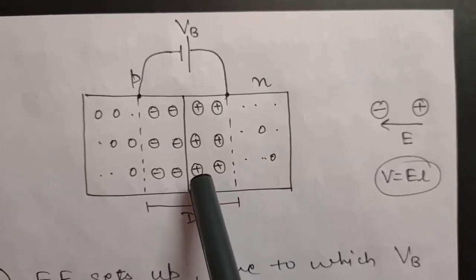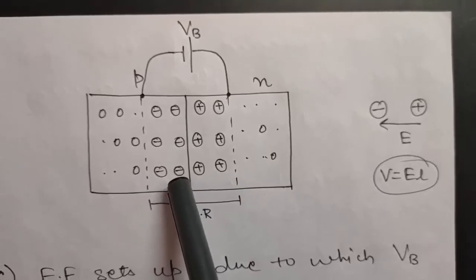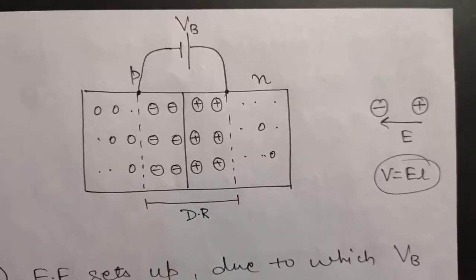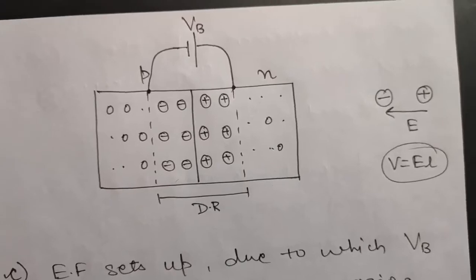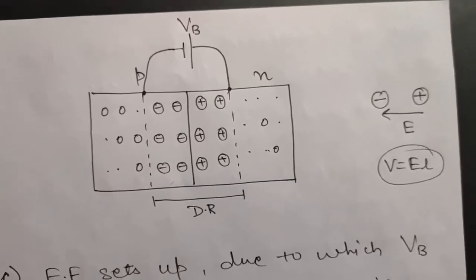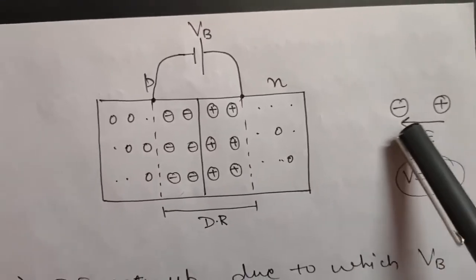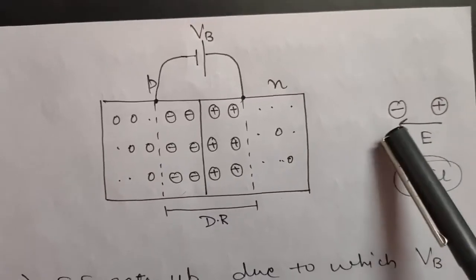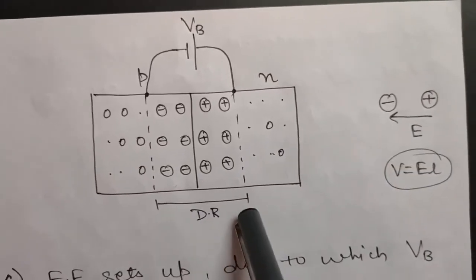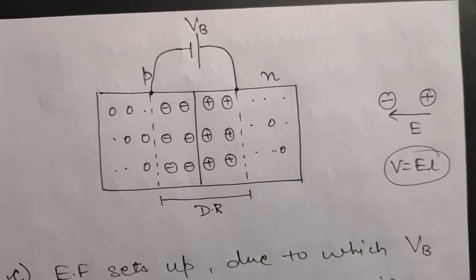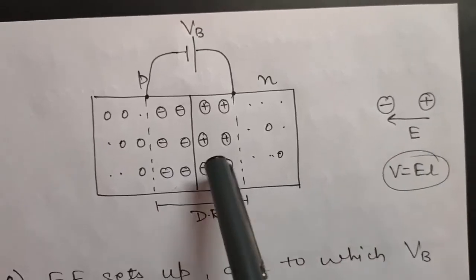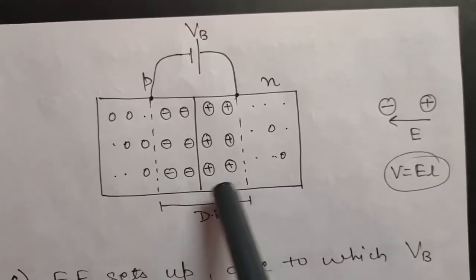See, this is a positive ion, this is a negative atom, or you can say negative ion. So as you know, from positive to negative, an electric field exists. So we can say an electric field will be generated from the positive ion to the negative ion in your depletion region. Okay. So now you have an electric field which is from positive to negative, and you have some length also.